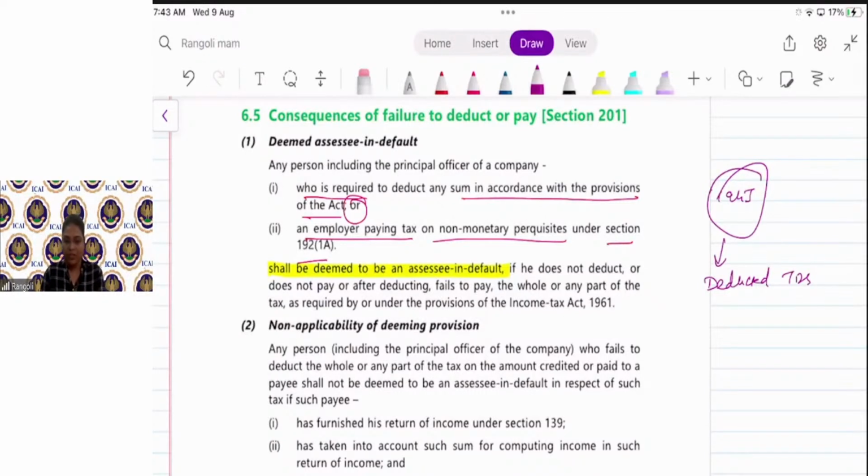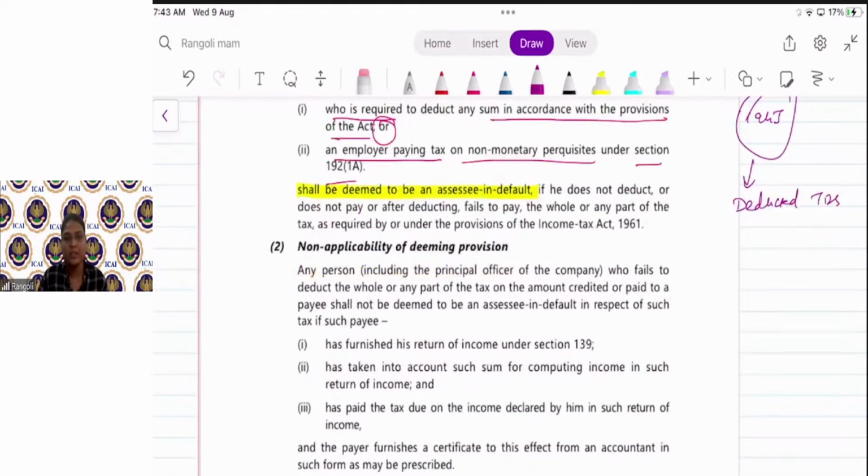Now, in which scenario will the payer not be considered as assessee in default? If the payee has furnished his return of income under Section 139, and it is the duty of the payer to deduct TDS and deposit the same, but the payer has failed to deduct TDS, then in that case the payer will not be considered as assessee in default.